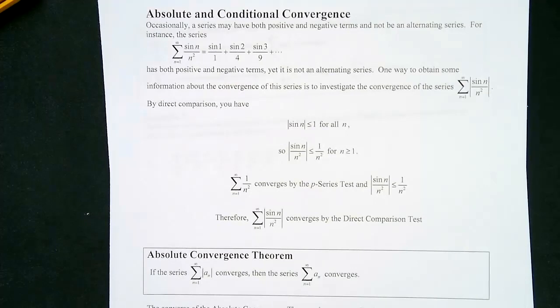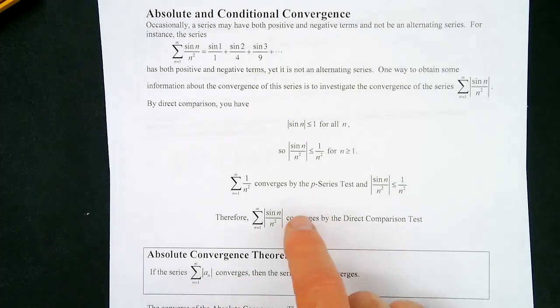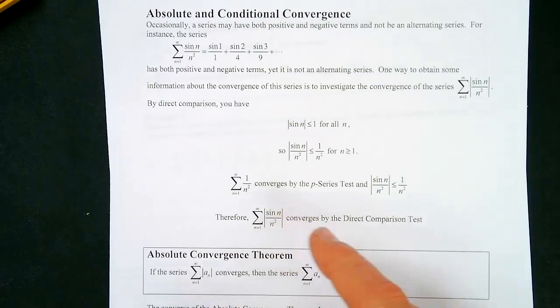So what we know is this, and this is a theorem that's been proven: if the series sigma n equals 1 to infinity of the absolute value of a sub n converges, then the series a sub n must converge. So we just proved that the absolute value one converges, right?